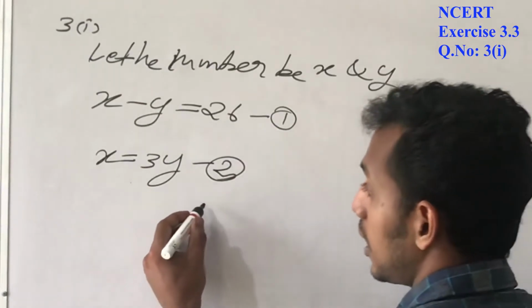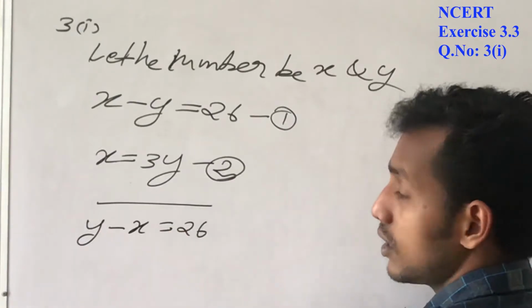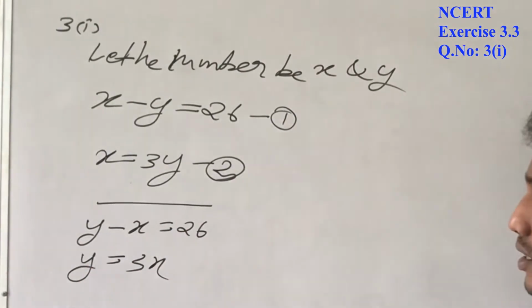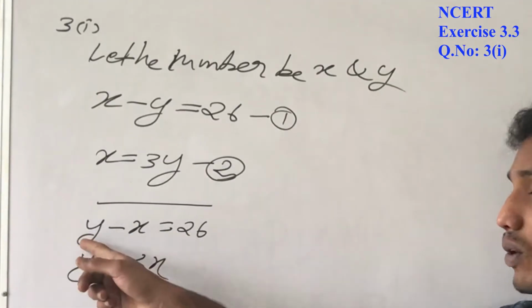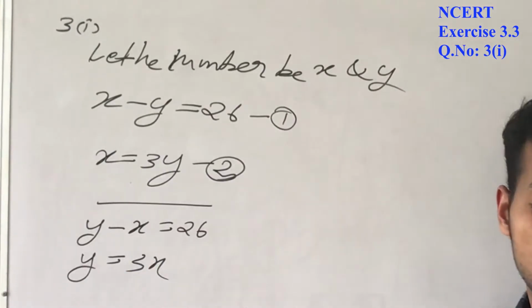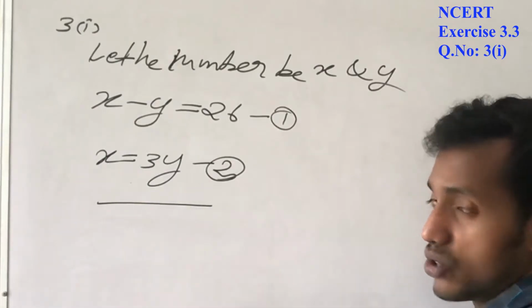If you write it that way, then the first equation will be y minus x equal to 26. Then you can write y equal to 3x, because according to this first equation, y will be the greater number. So both equations will satisfy the condition given in the question.